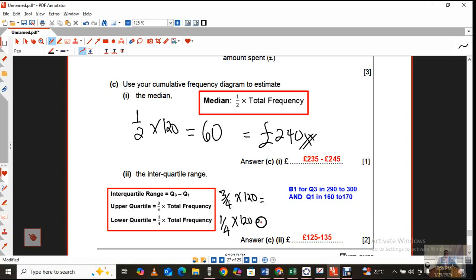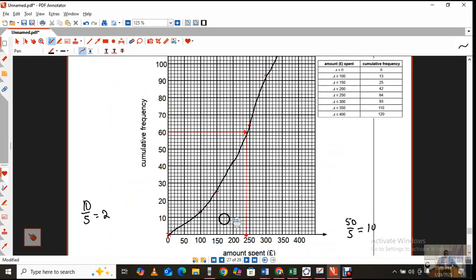Okay, so this 3/4 will be 90. 1/4 will be 30. So what does it mean? I have to go back to my graph and find 90, do the same, and see where I land. Okay, so let's go to 90.